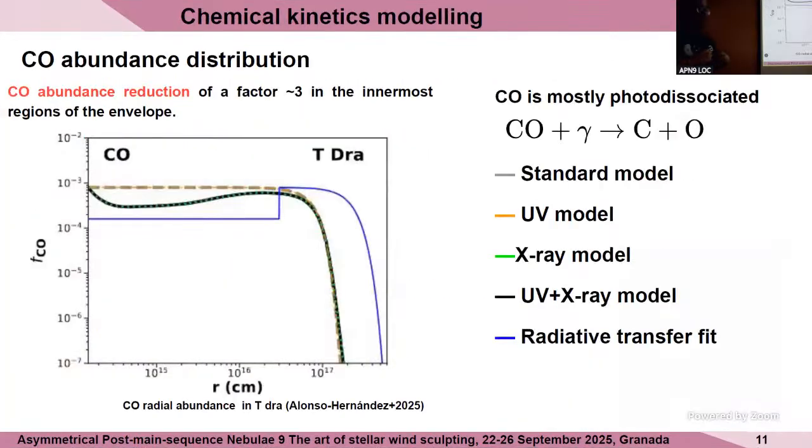I would like to highlight 2 results from this study. The first one is related to the abundance of CO. We found, from both the chemical kinetics models and the modeling of the line profiles, some kind of central depletion in the abundance of CO. This is related to the direct photodissociation of CO by X-ray photons.